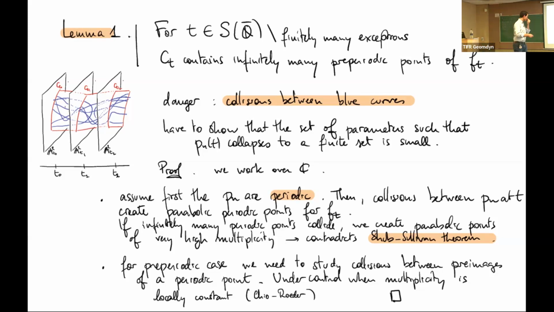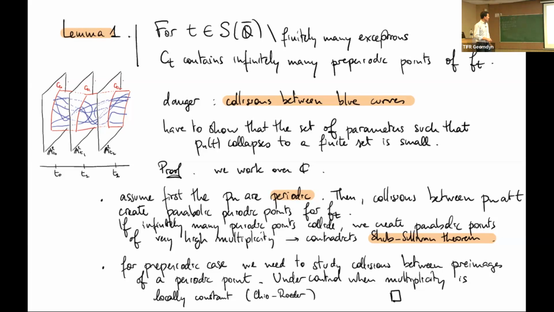And now we have to go from periodic to preperiodic, and then there's another danger. The situation could happen that infinitely many preperiodic points can collide at a point. It only happens when you have a super attracting point whose multiplicity changes. It's a phenomenon that had been studied by Keogh and Roder.